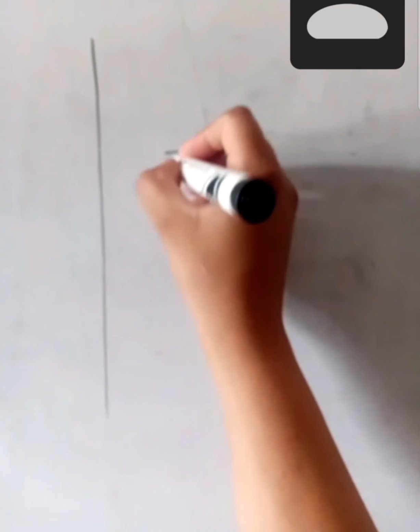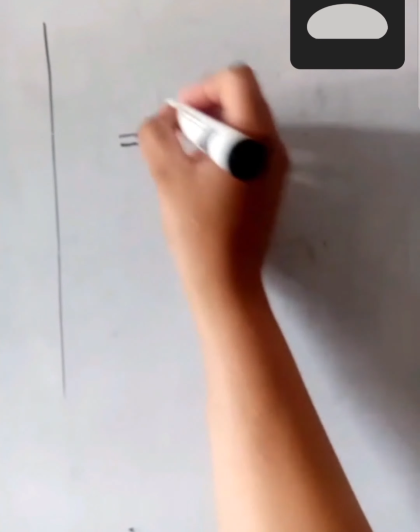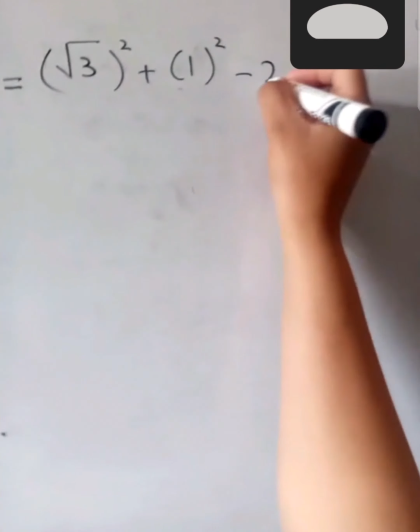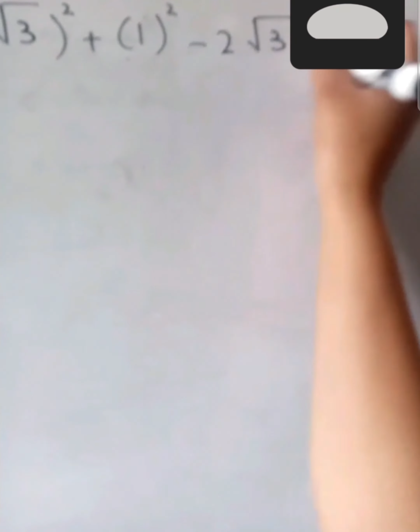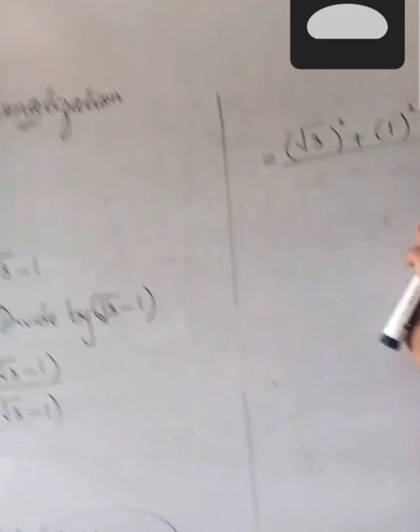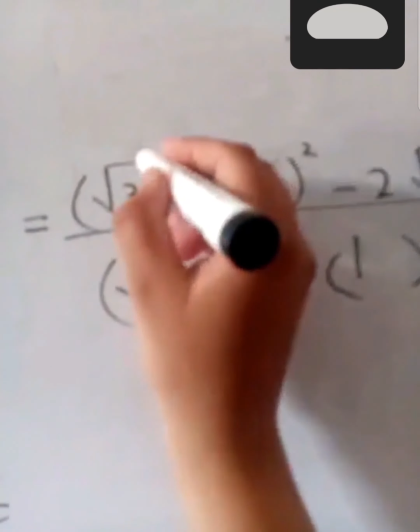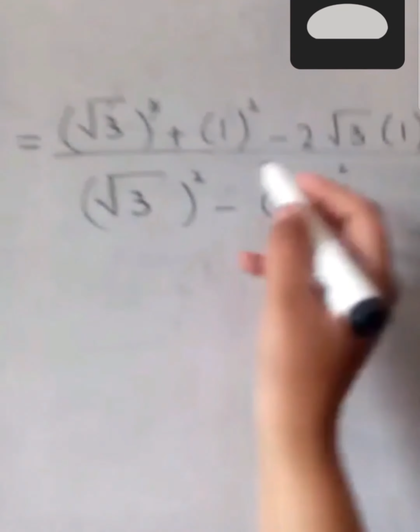A means square root 3, squared, plus B squared, which is 1 squared, minus 2 times A, which is square root 3, and B is 1. The square and square root cancel out.